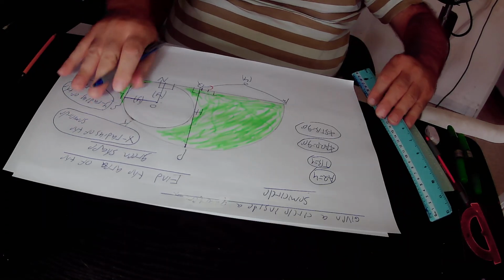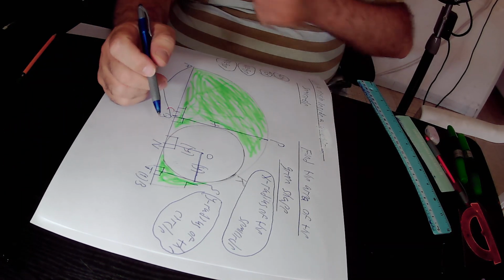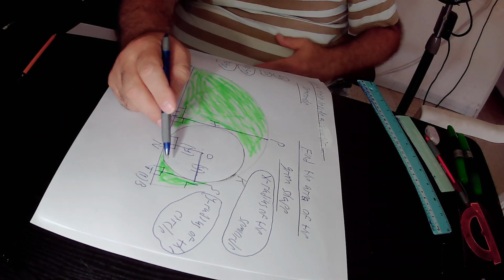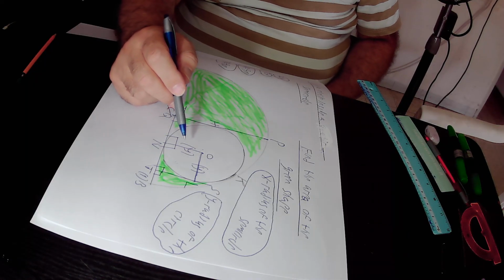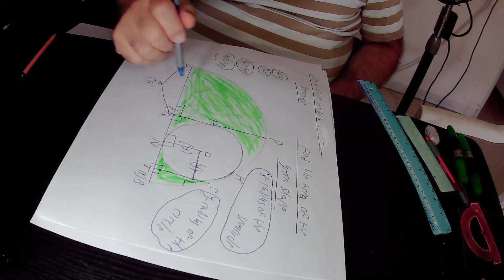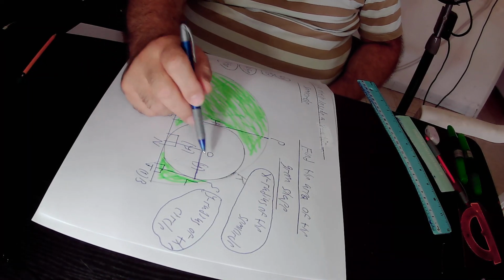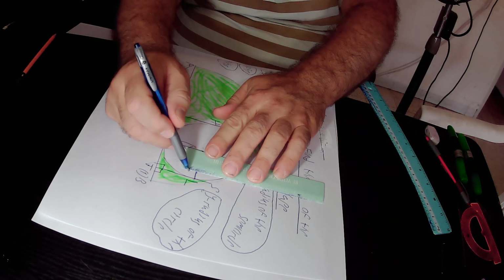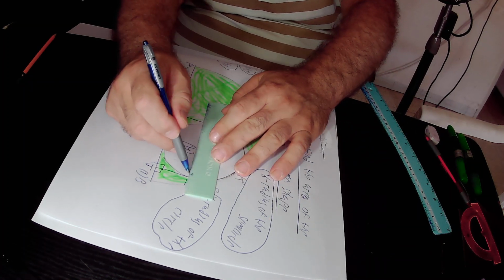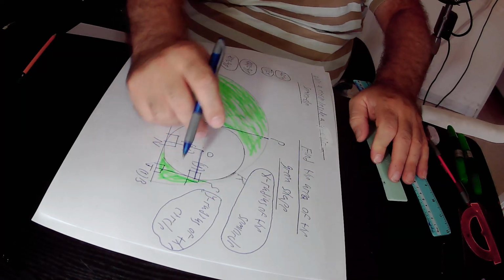The radius OL is drawn to point L, that is the point of tangency of tangent ST with this small circle. And whenever you have a radius drawn to the point of tangency, then tangent ST will be perpendicular to the radius LO. If ST is perpendicular to LO, it means that this angle equals 90 degrees, and this angle also equals 90 degrees according to the sum rule, rule 1.